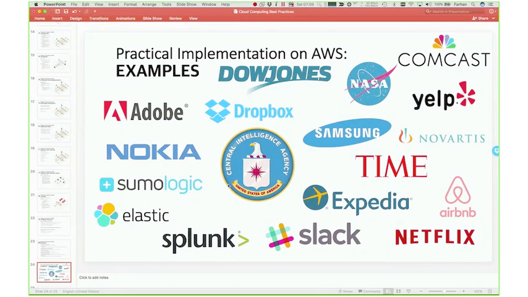You would see CIA there, you would see NASA there, you would see media and content creation companies like Adobe, chatting companies like Slack, online content providers like Netflix, Airbnb, pharmaceutical companies like Novartis, travel companies like Expedia. So Amazon guys must be doing something right? Otherwise, all of these bigger companies would not be making use of Amazon.